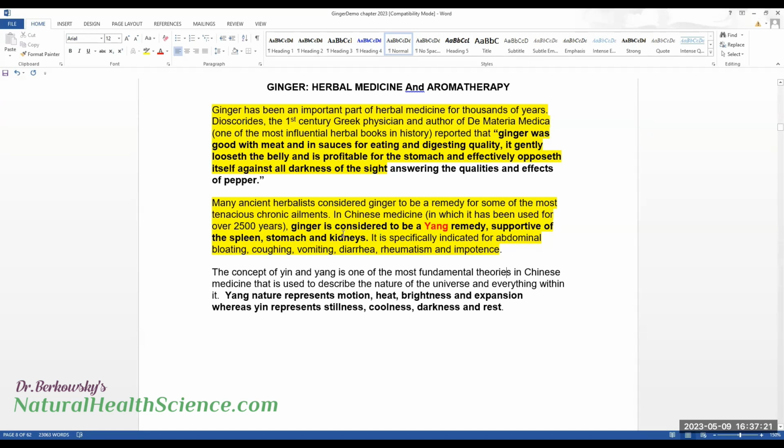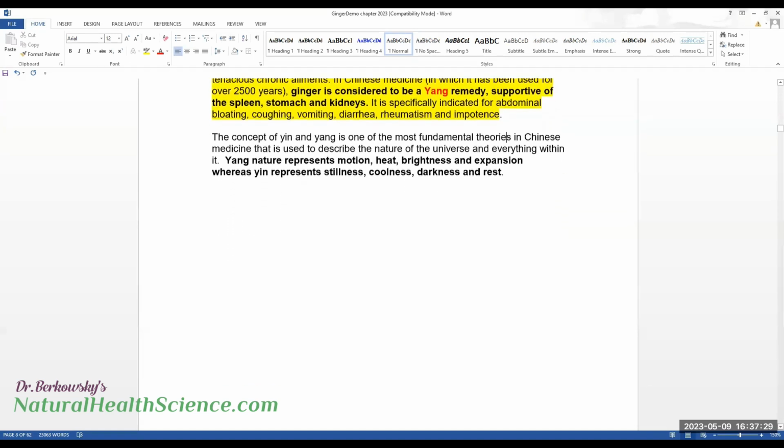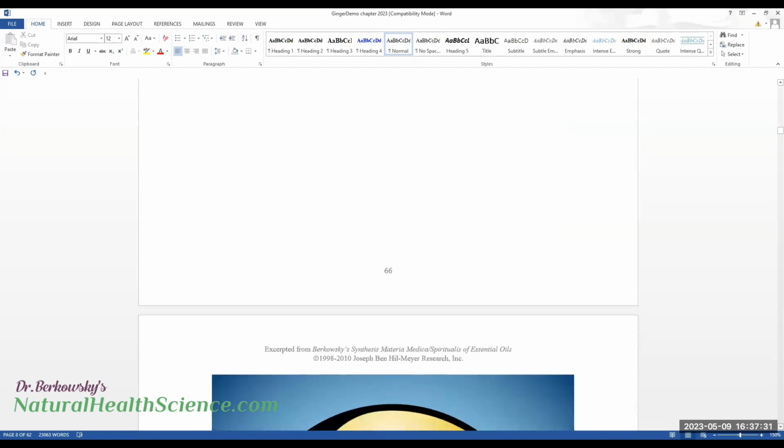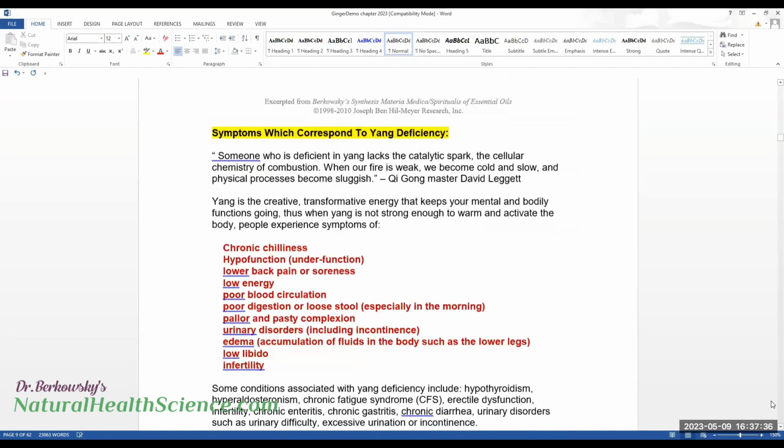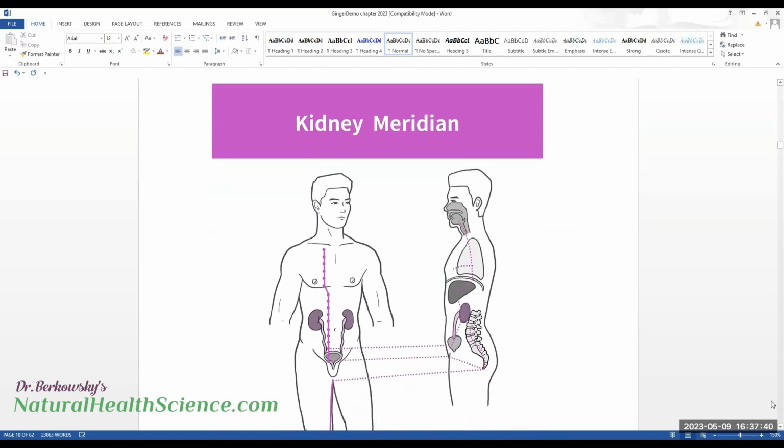Ginger is an important remedy for the adrenal glands. So if you're making teas for yourself, you will want to add ginger in if you're wanting to do something to support your adrenal glands. So this is just my discussion of yin and yang, and now let's get over to the aromatherapy.